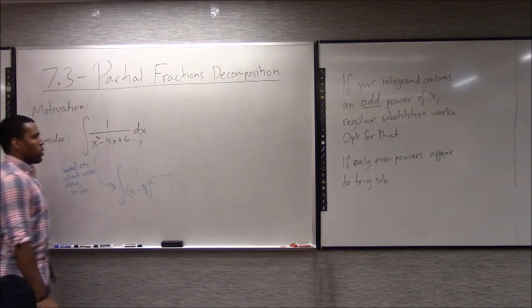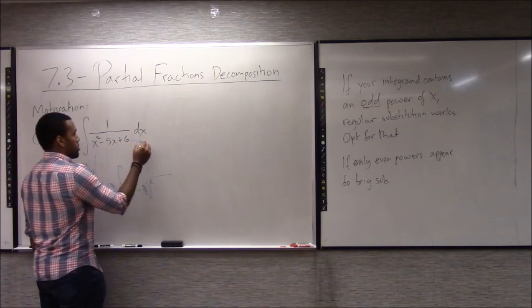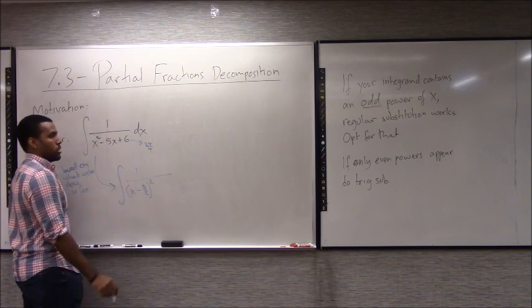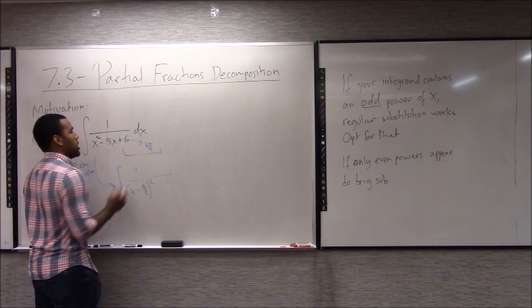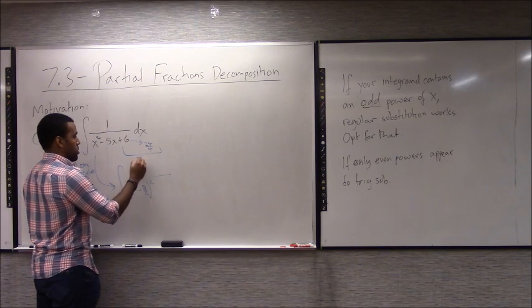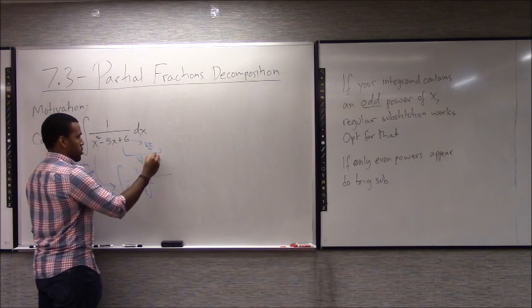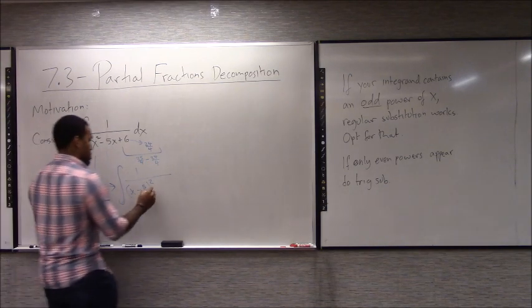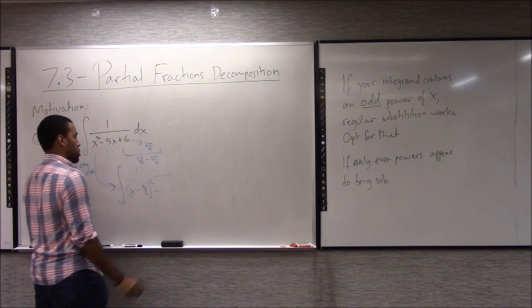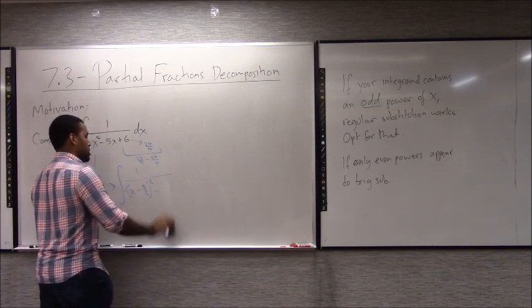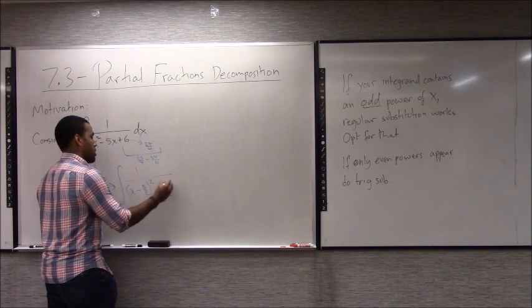6 is going to be what over 4? Well, this is 24 over 4, right? So it means that to get the 6, I can think of this as 25 over 4 minus 24 over 4. And so what happens is I'm left over with an extra 1 over 4 here, which I can rewrite as 1/2 squared.